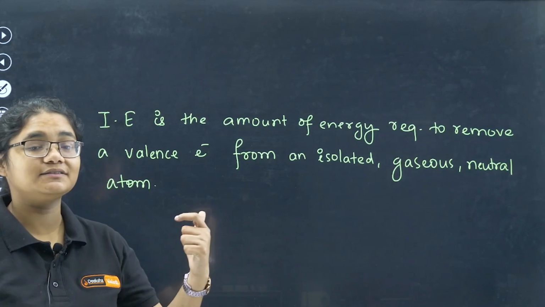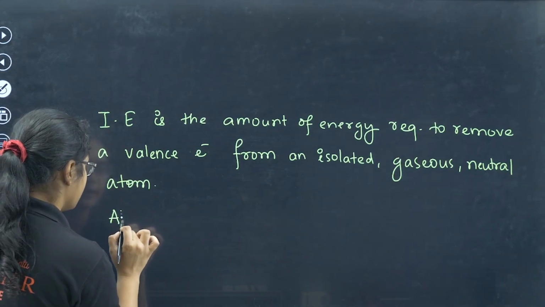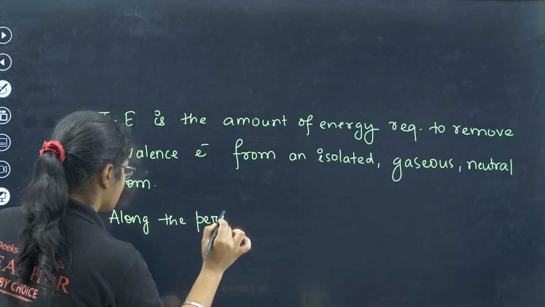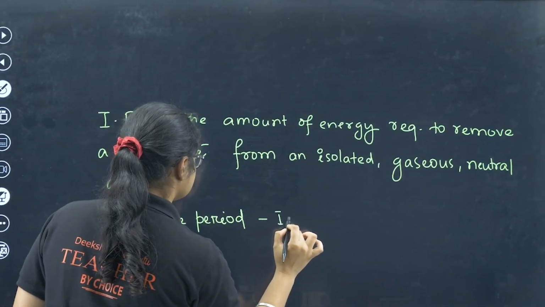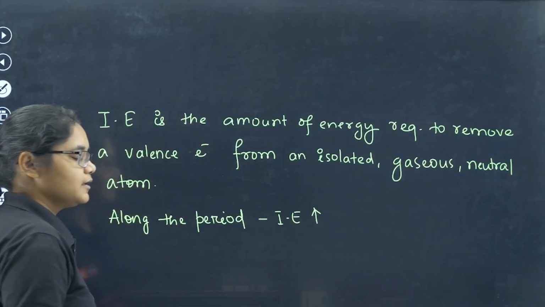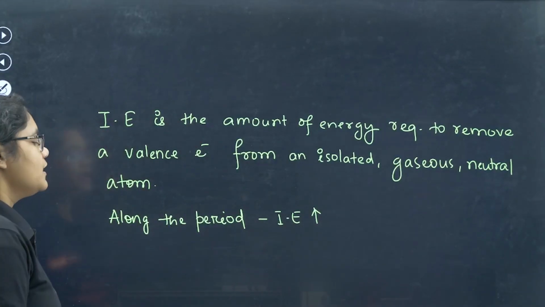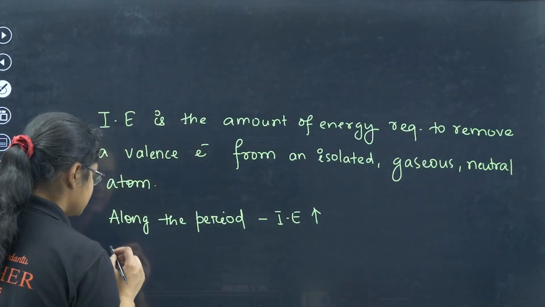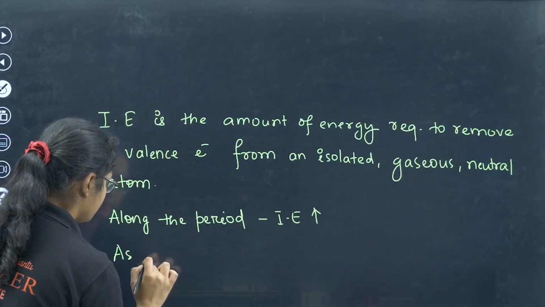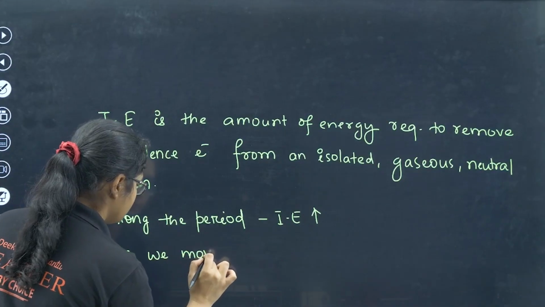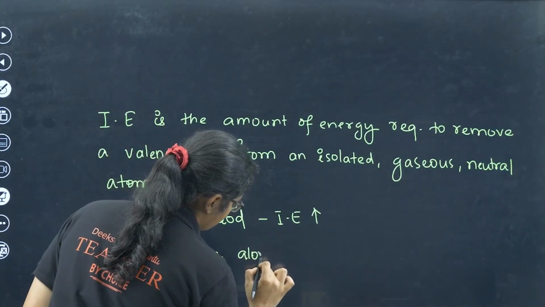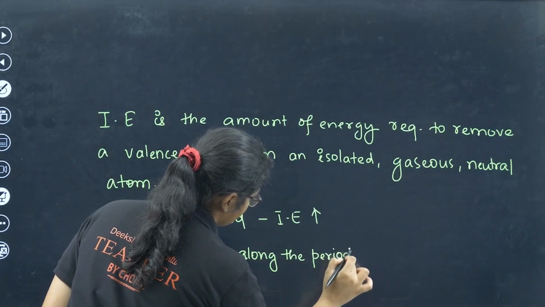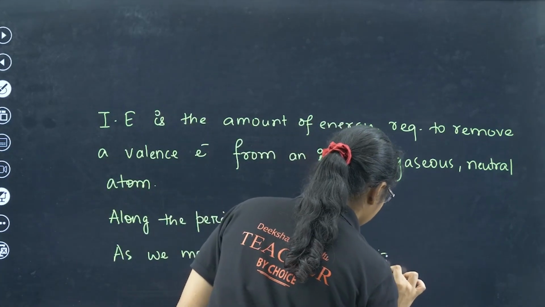The question is, what happens along the period? Along the period, ionization enthalpy increases. That's the second point. Next, what is the reason for that? The reason is, as we move along the period, size decreases.